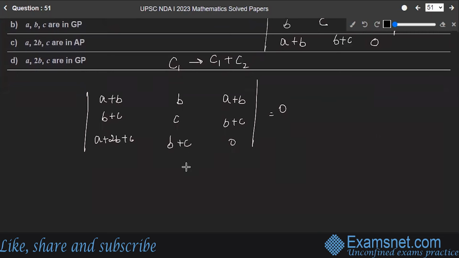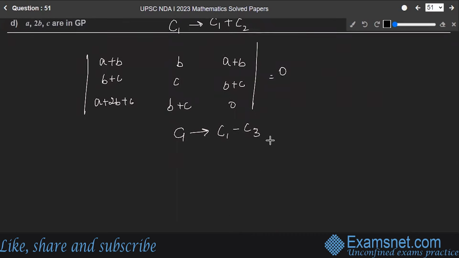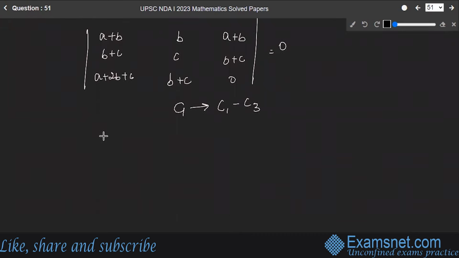Now let's do another transformation, which is C1 to C1 minus C3. So after this, you will get it as 0, 0, A plus 2B plus C, B, C, B plus C, and A plus B, B plus C, 0.